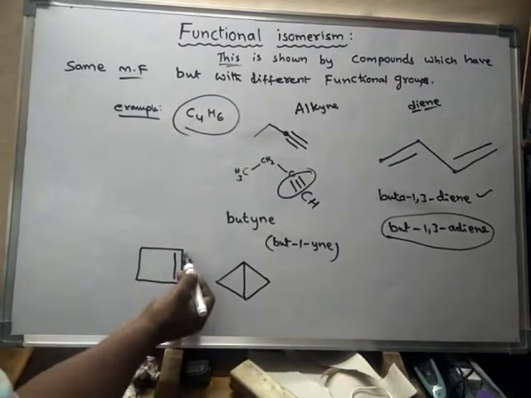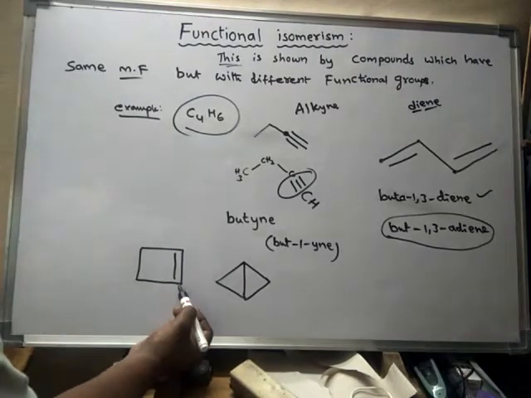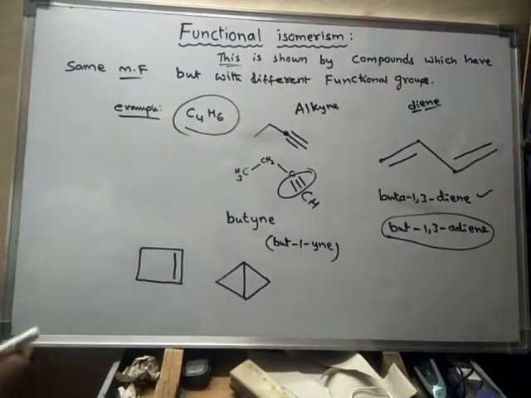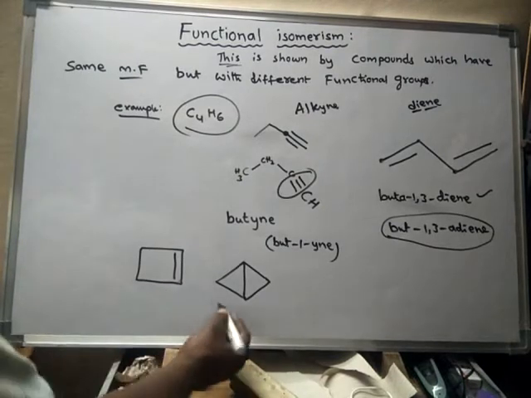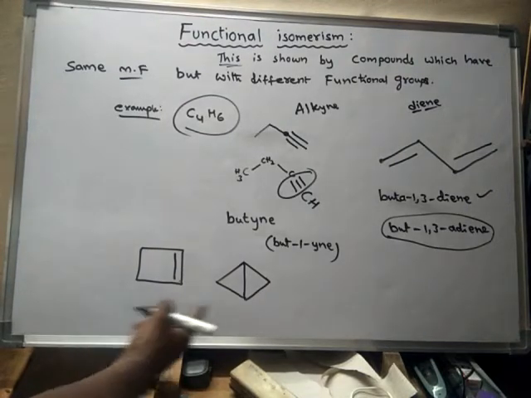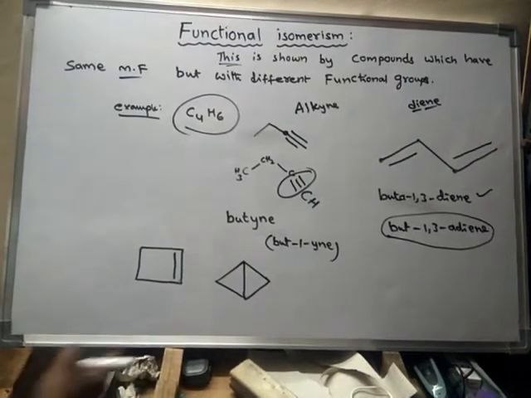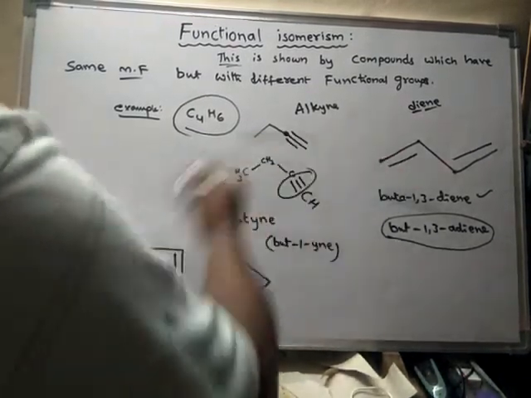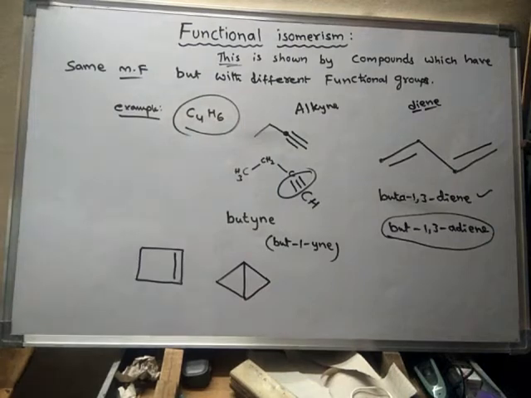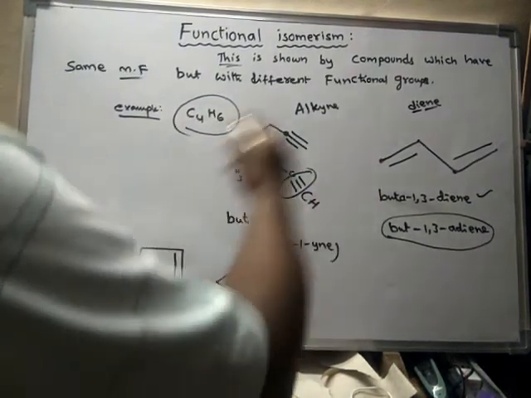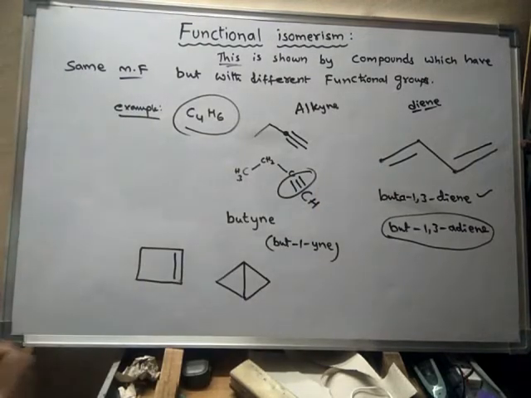Simply it is cyclobutane, and here it is a bicyclo compound. This is a cycloalkene, a bicyclic compound. So all these four have the same molecular formula, but they are said to be functional isomers.